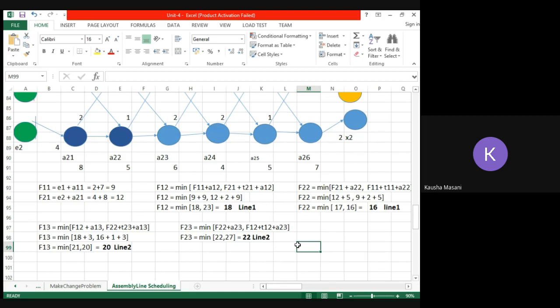All right. Now go and calculate for A24 and A14. So you have to calculate F14 and F24.